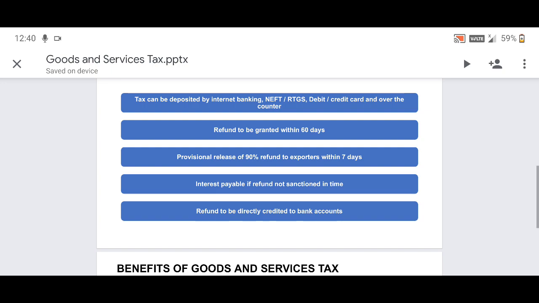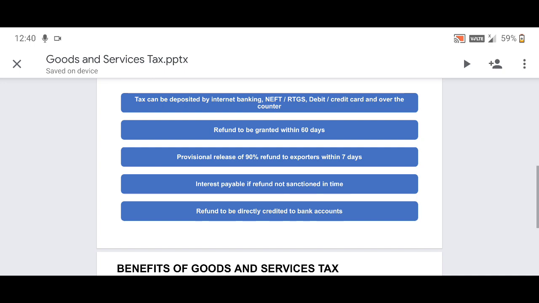For example, the amount of refund is 100 rupees and the provisional refund, which is 90% under GST, is 100 into 90% equal to 90 rupees. That 90 rupees is a provisional refund which needs to be granted by the GST authorities to the taxpayer within a period of 7 days. Yes friends, within the period of 7 days only.